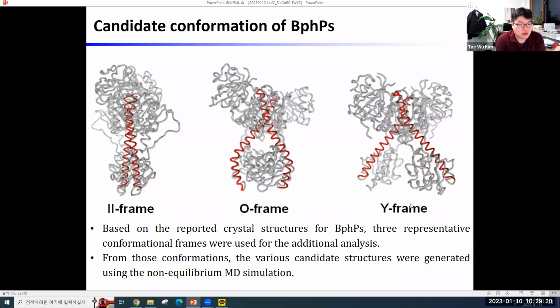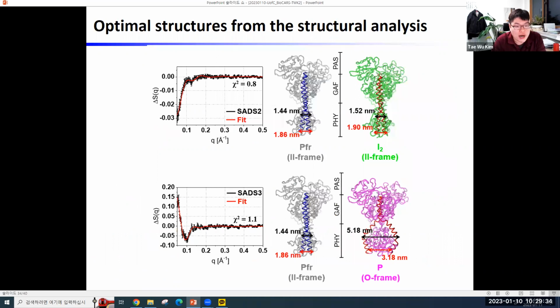From these conformations, I could make various types of molecular dynamics generated conformations. From that, I can do pairwise fitting for the time-resolved scattering curve. In this way, I could find the optimal structure for bacterial phytochrome.